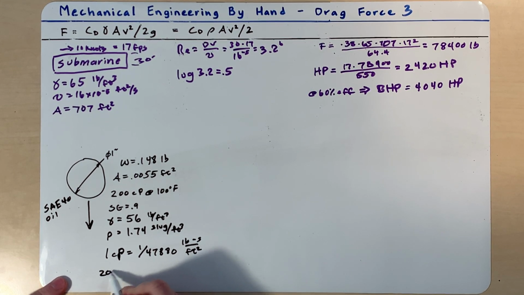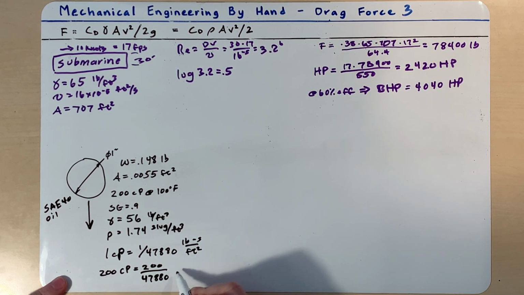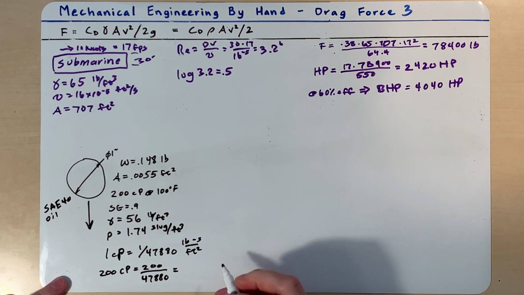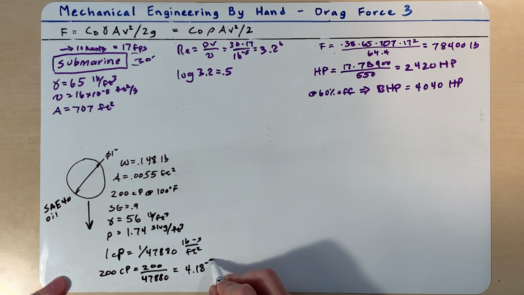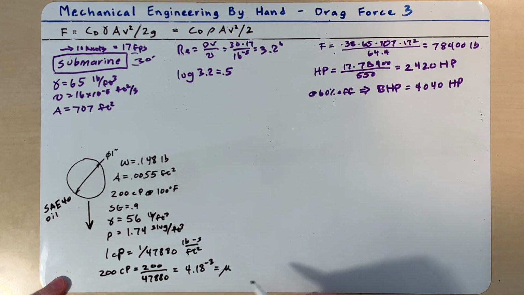So 200 centipoise is going to be 200 over that, which is equal to 4.18 times 10 to the negative 3, and that is dynamic viscosity.